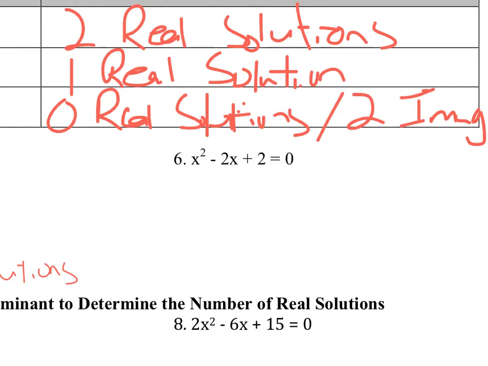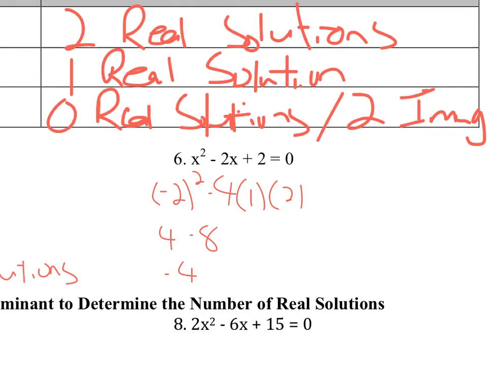And let's look at 6 here. So our B is negative 2. Minus 4, our A is 1, our C is 2. Negative 2 squared is 4. 4 times 1 is 4, times 2 is 8, and we have a negative. 4 minus 8 is a negative 4. Again, we don't care about the value, just whether it's positive, 0, or negative. In this case, it is negative.